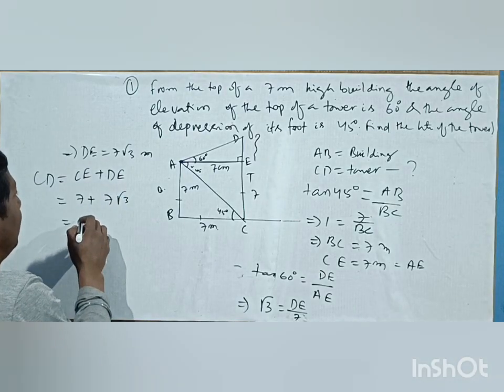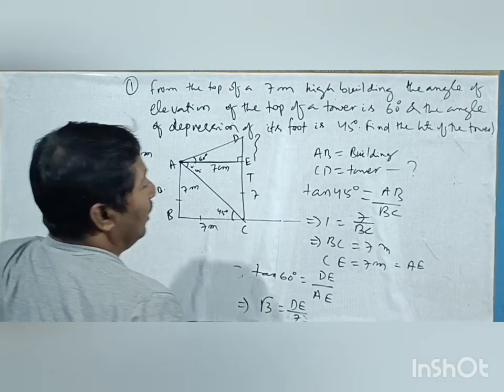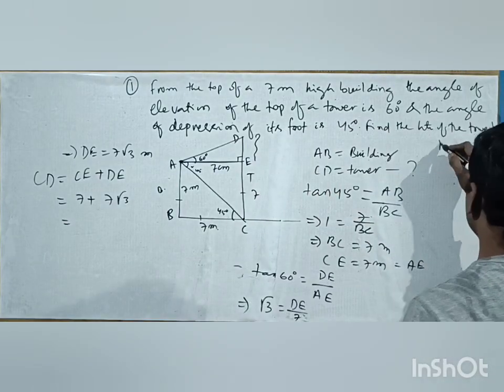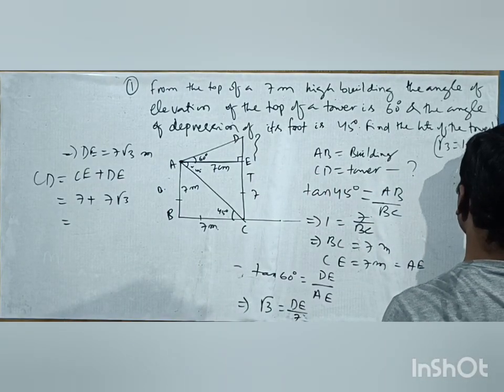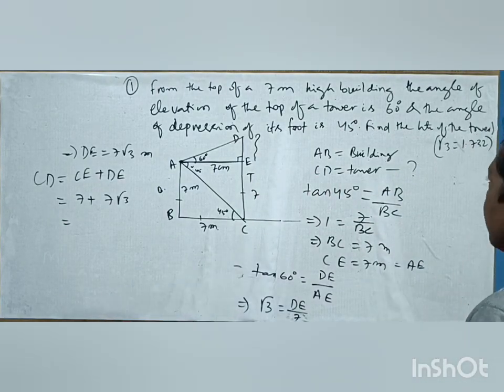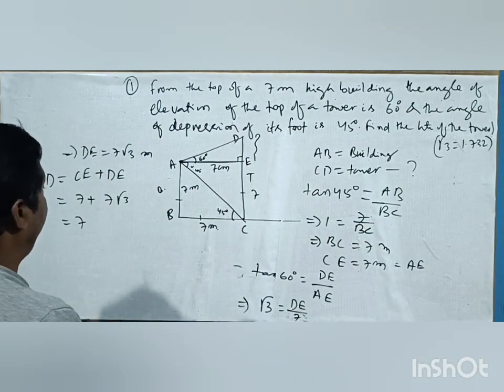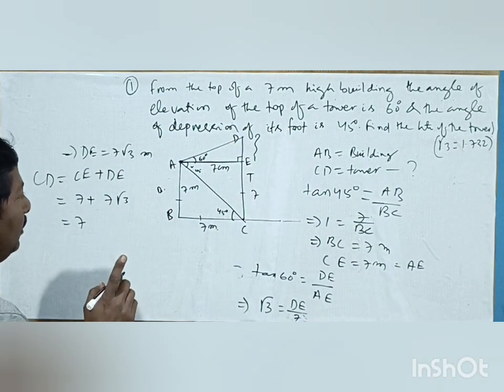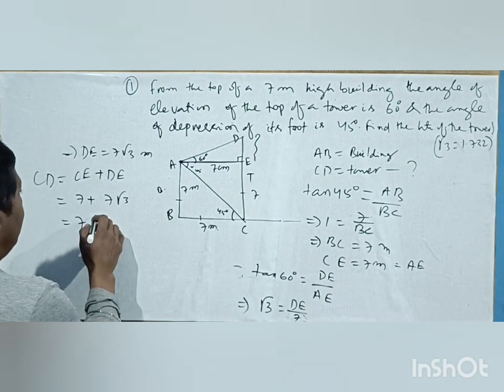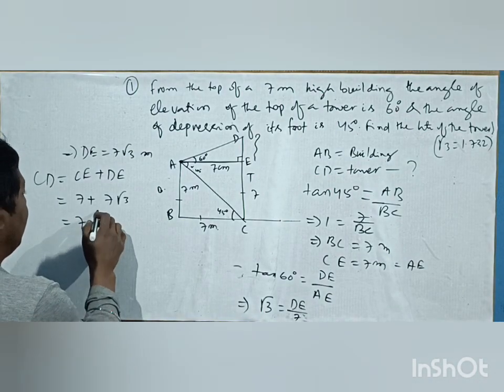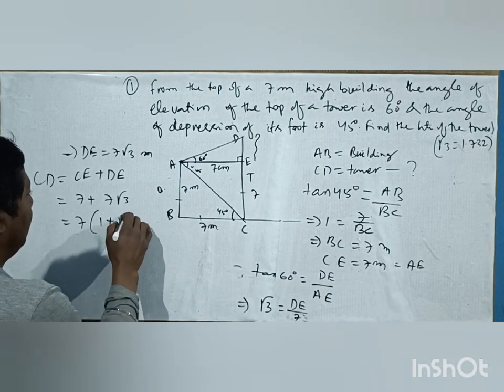So root 3 is given here as 1.732. If root 3 is not given, then this will be the answer, 7 into 1 plus root 3 meter.